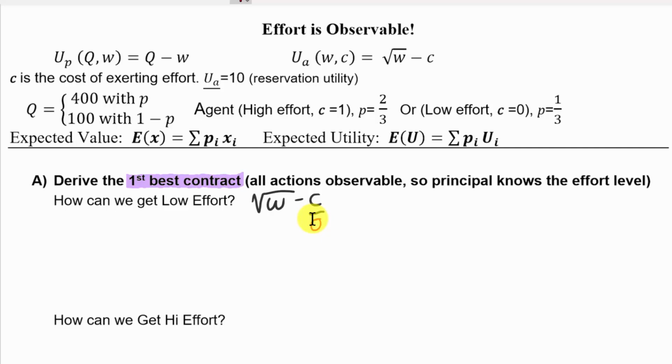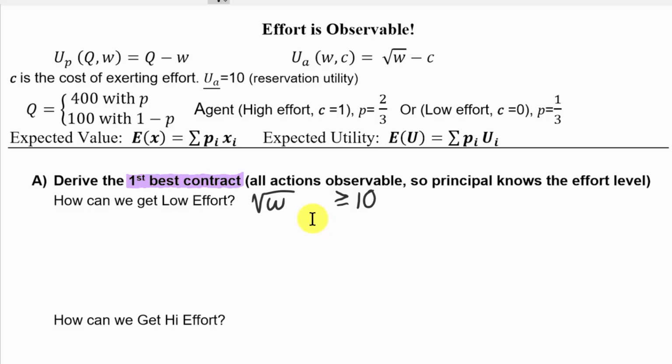But in order to get this agent to accept this contract and provide low effort, we need to make sure that the square root of the wages is bigger than or equal to 10. Since there's going to be 0 effort, we don't really need to worry about that part. So if I want this agent to come on board to take this job, I'm going to have to pay him a wage that gives him at least 10 utility.